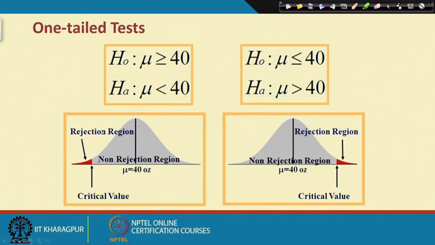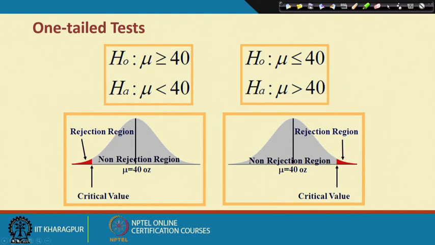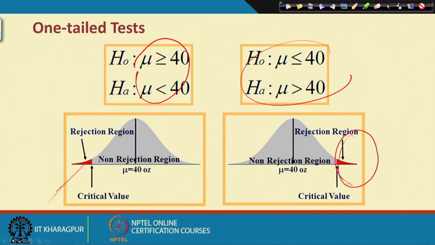This is the typical structure called a one tail test on the left hand side, and this is the structure on the right hand side. Corresponding to this, your null hypothesis and alternative hypothesis will be like this. When your null hypothesis is mu less than or equal to 40 and the alternative is mu greater than 40, your testing zone will be this side.